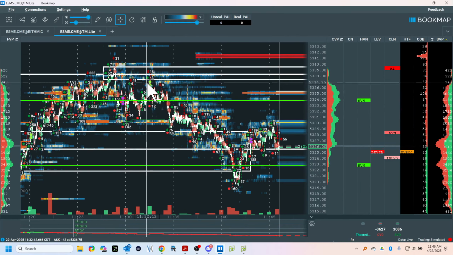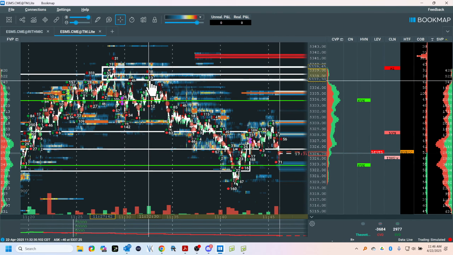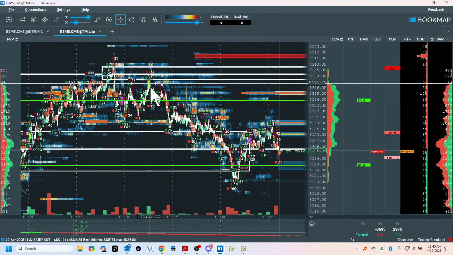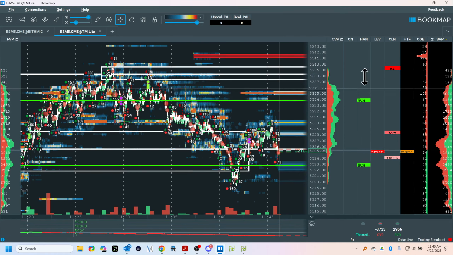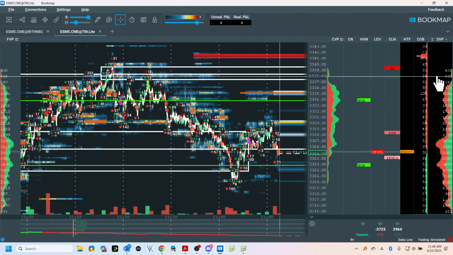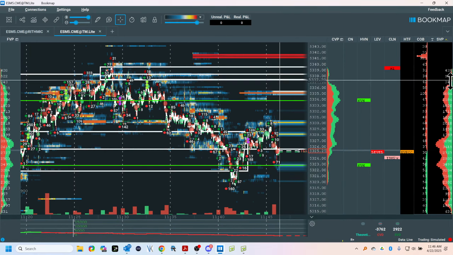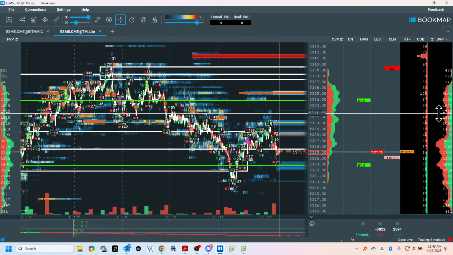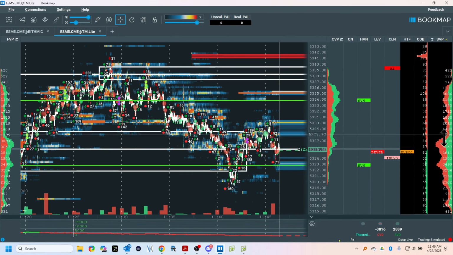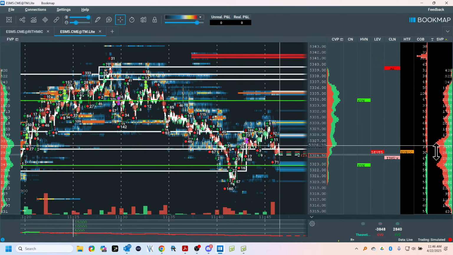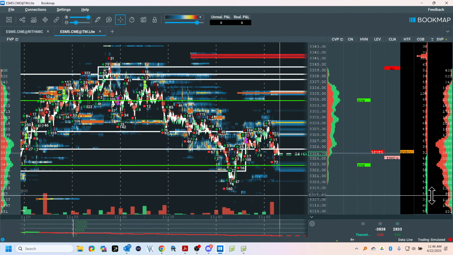I come back here and I have my sweep. This is a structured counter trend trade, which again, it's not my thing. Because with this, if this little auction is too high, that tells you that we might rotate and do this one. If we fall out of this, then we come down here. If we fall out of this, then we come down here. If we fall out of this, then we can come down here.